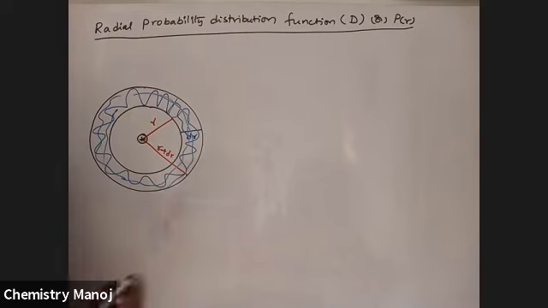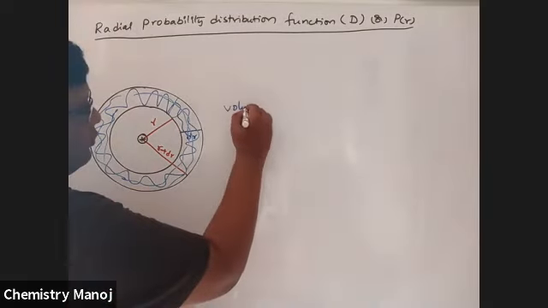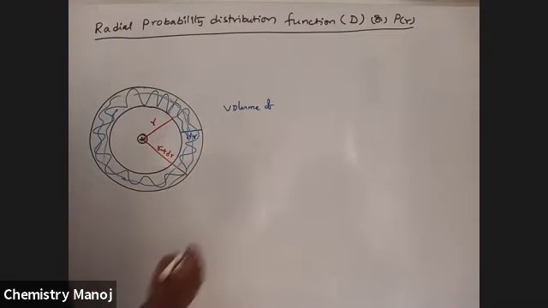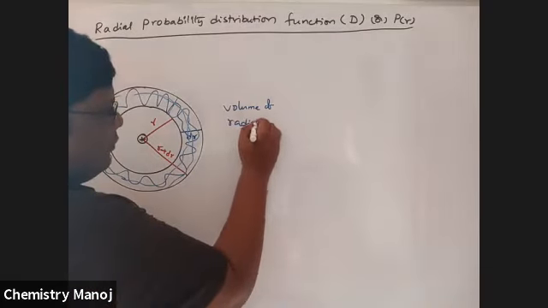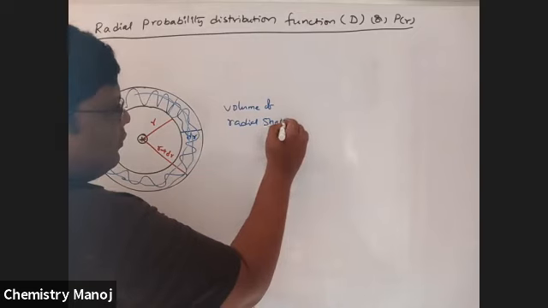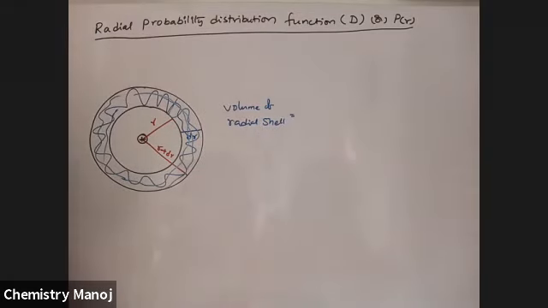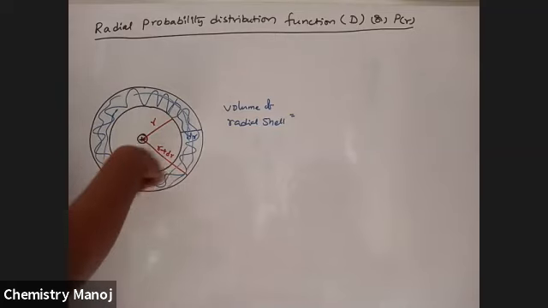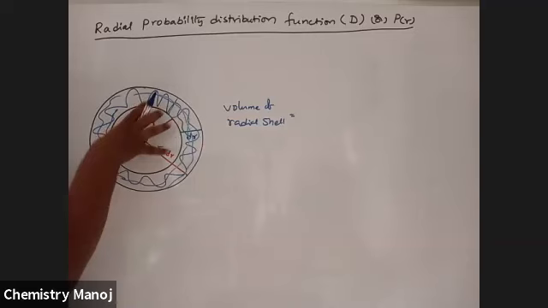Volume of this region is equal to the volume of the radial shell, which is equal to the volume of the outer orbit minus the volume of the inner orbit. This orbit volume minus this orbit volume.